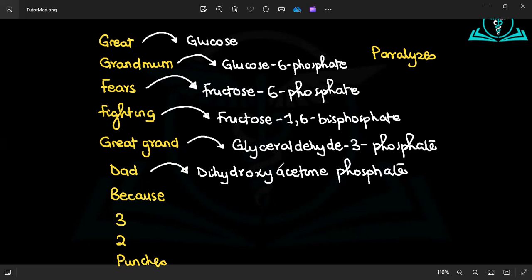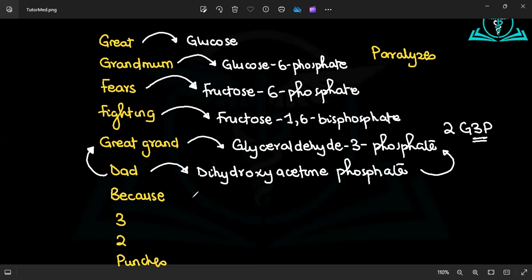The dihydroxyacetone phosphate will be converted to glyceraldehyde 3-phosphate. So now we have 2 molecules of glyceraldehyde 3-phosphate. Is that clear?